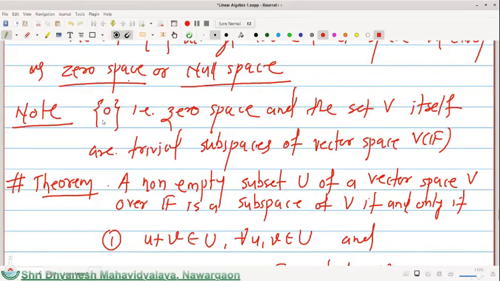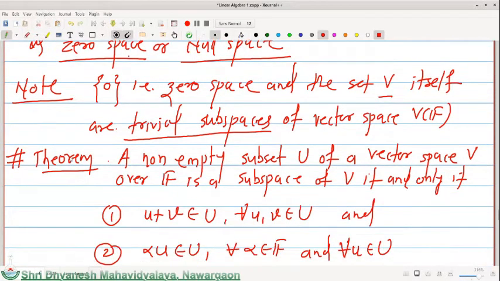The zero space is always a subspace of V, and the set V itself is also a subspace of V. These two are known as trivial subspaces, and V is known as the improper subspace of V.